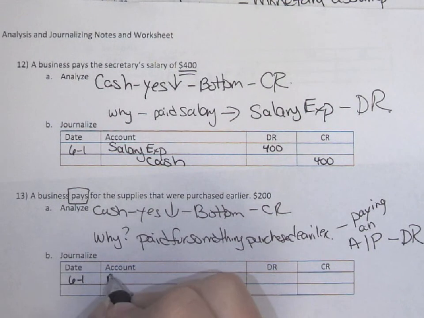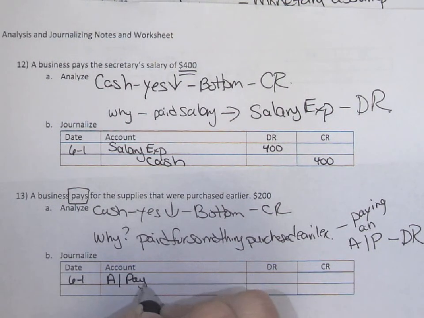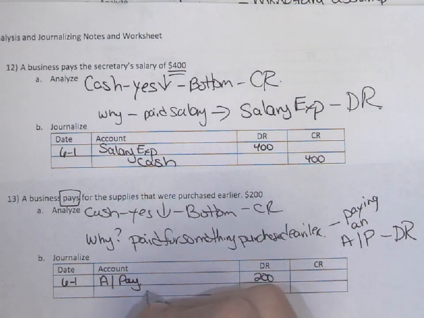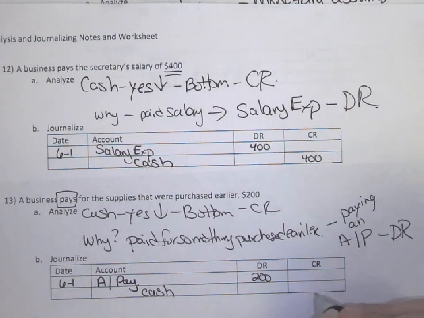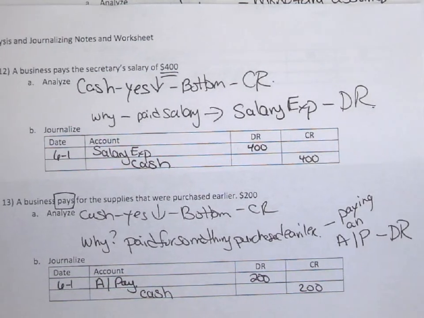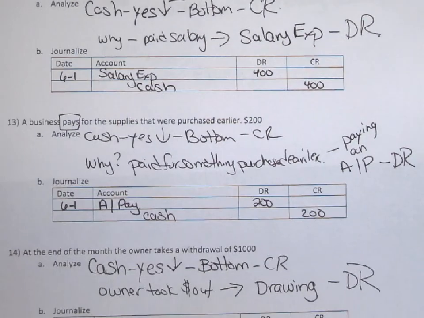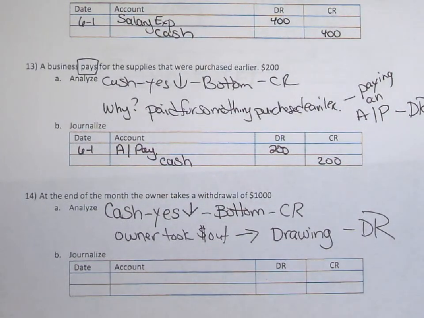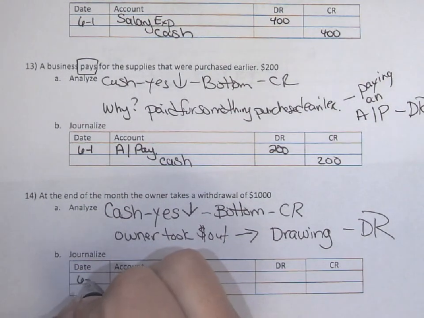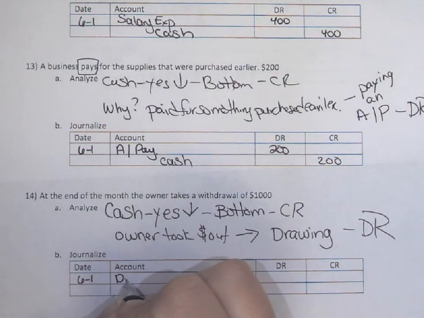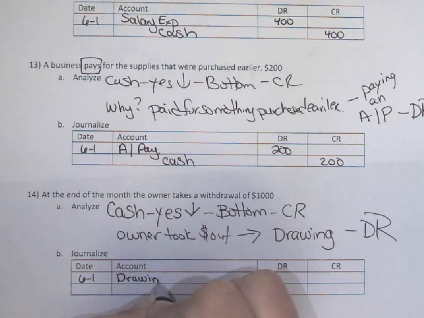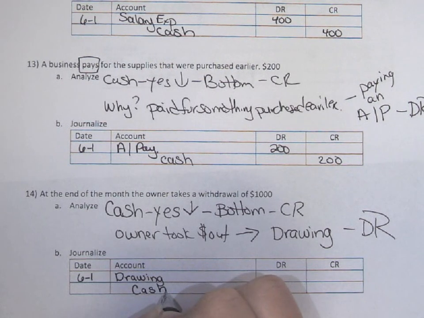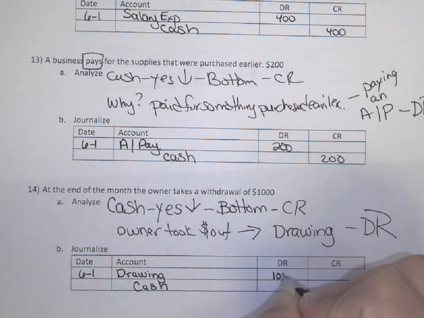So 6/1 of accounts payable for $200, and then I'm going to have cash. So I indent over, and I put that in as well. And the last one, we have an owner taking a draw from the business. So we put our date in. That drawing account is going to be the debit account. Cash is our credit account, and that was for $1,000.